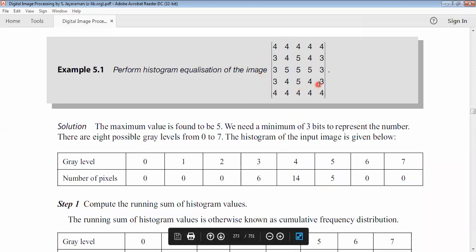Now in this image, is there any zero gray level value? No, sir.